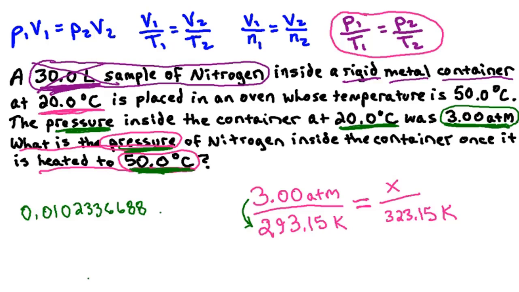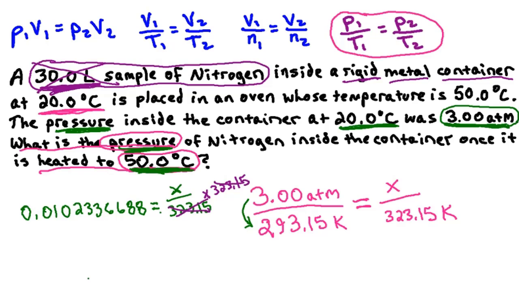0.0102336688. And that's all going to equal X over 323.15. So we need to get this X by itself on one side of the equal sign. The way we can do that is we can multiply both sides by 323.15.